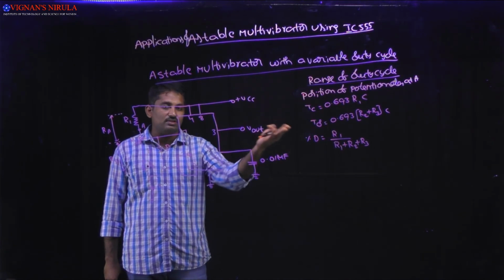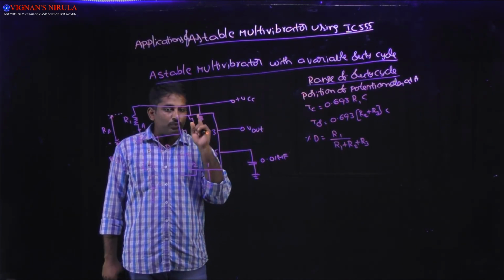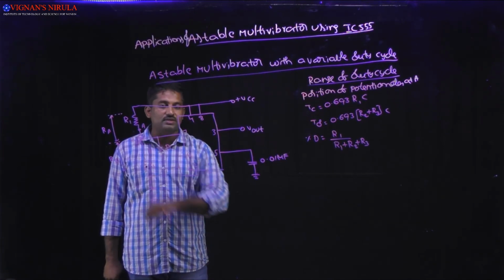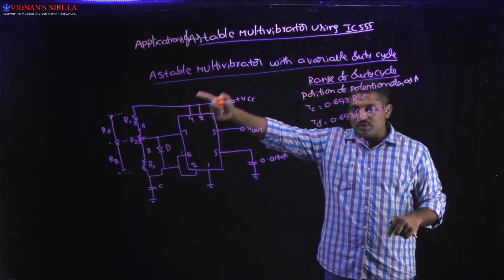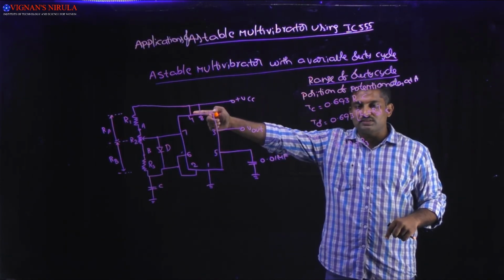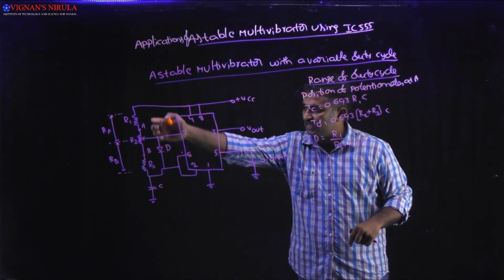That means the minimum duty cycle will be obtained when the potentiometer is at A.